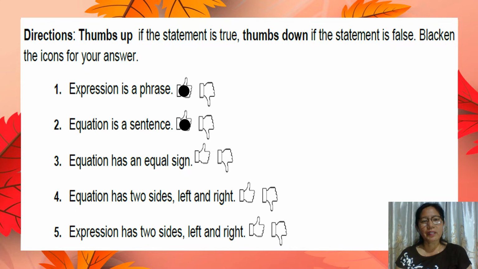Number 3, equation has an equal sign, so it is true. Number 4, equation has two sides, left and right. Since it is an equation, it has an equal sign, so it is true. Number 5, expression has two sides, left and right. Since it is already an equation, it is not an expression, so it is false.